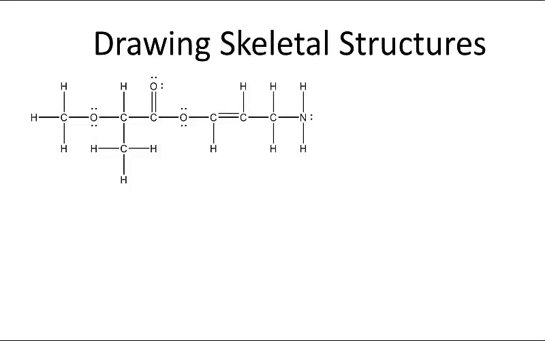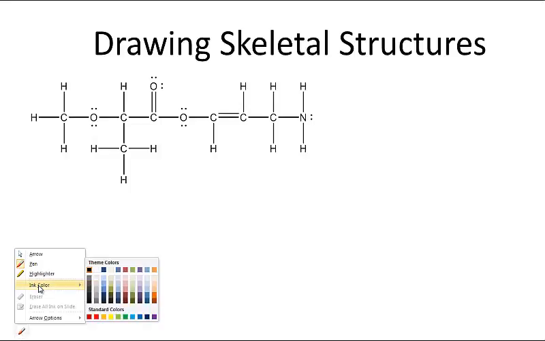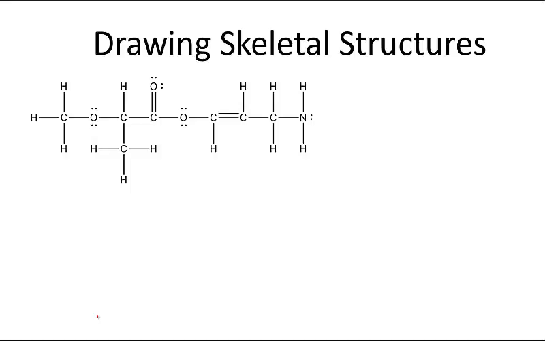So if I wanted to draw this as a skeletal structure, one way to keep track of things would be to number your atoms. So I have atom 1 is this carbon, atom 2, 3, 4, 5, 6, 7, 8, 9.